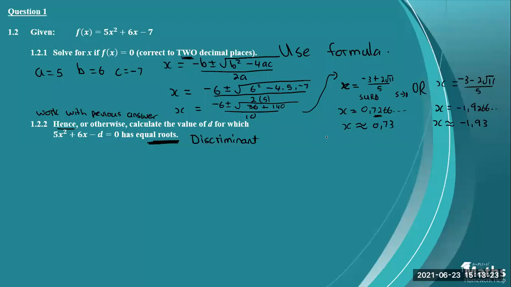Now, with nature of the roots, you will find a summary on the website that you can download. If you look at my summary, there are 3 columns. On the left side is where the discriminant is bigger than 0, with its 2 categories where we're going to look at rational and irrational roots.